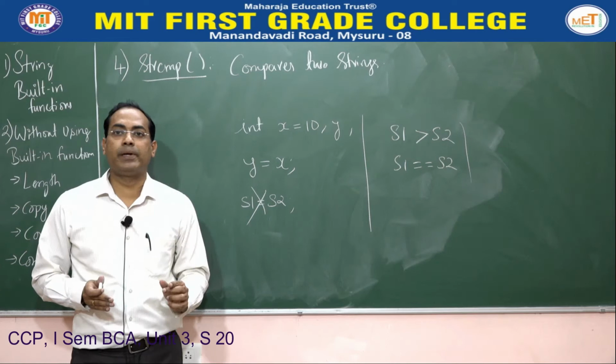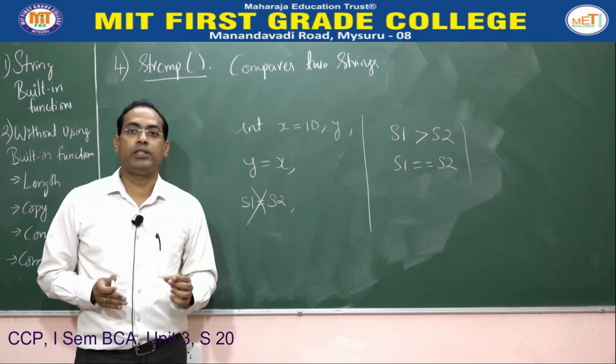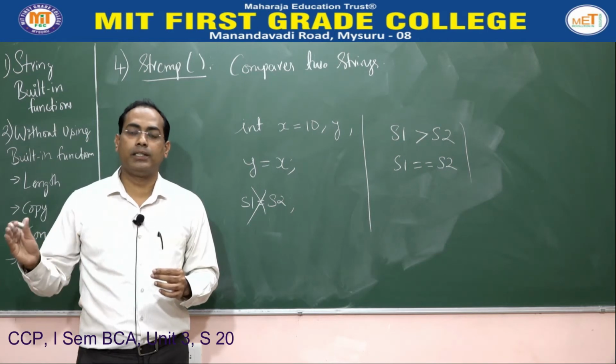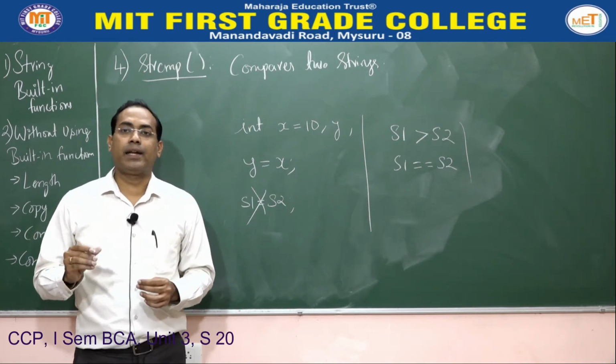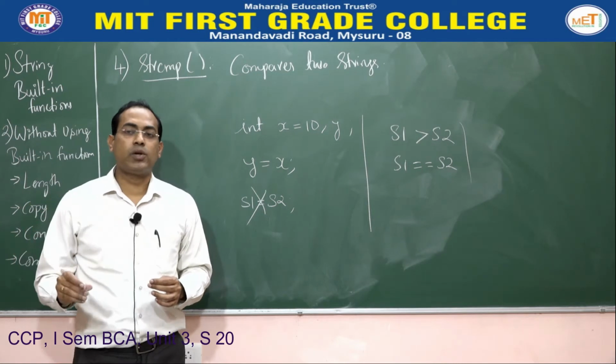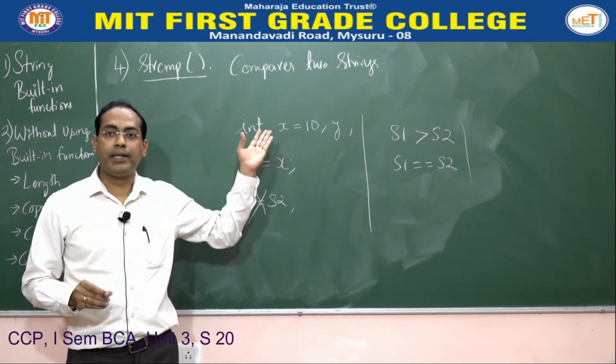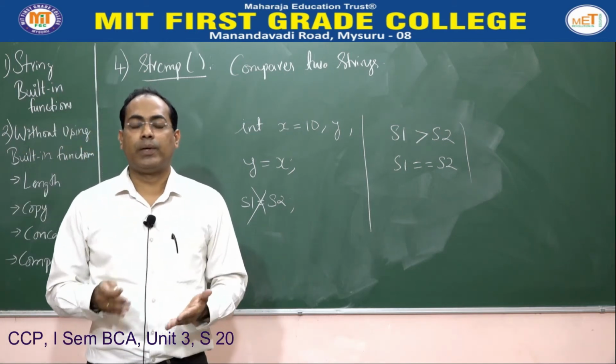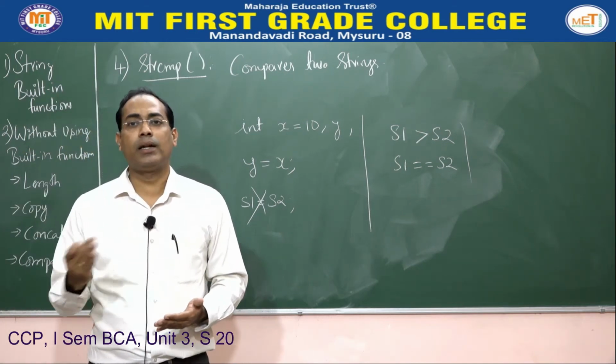If you remember, in the initial classes I mentioned that ASCII is a standard way of coding each and every character. So for every character there will be a unique number. Based on that number, the comparison will be made, and only then will it infer whether the strings are equal, less than, or greater than.